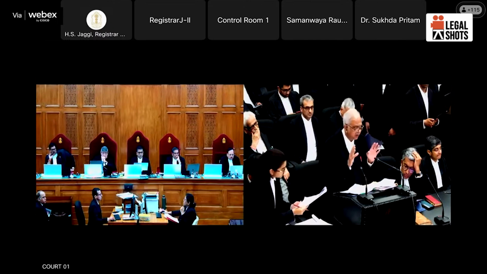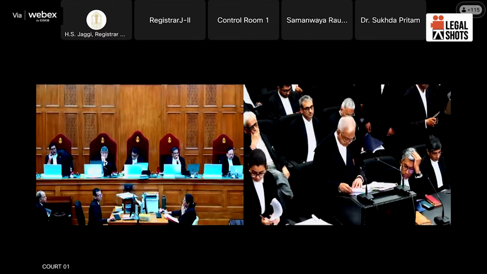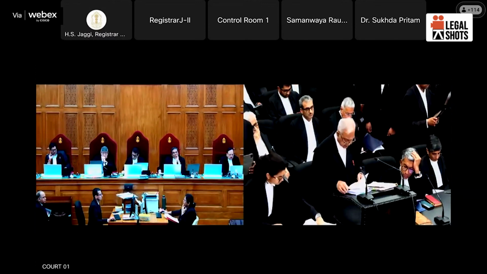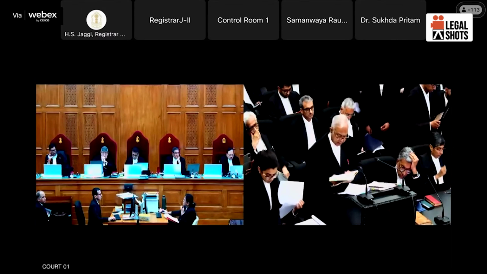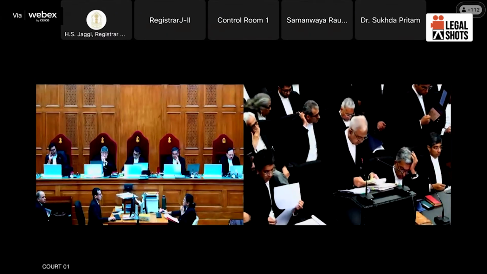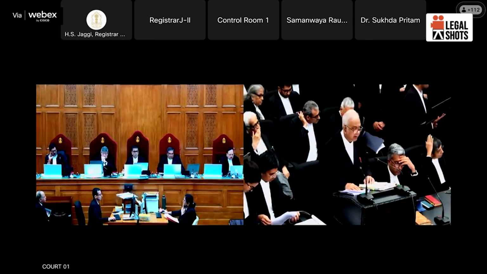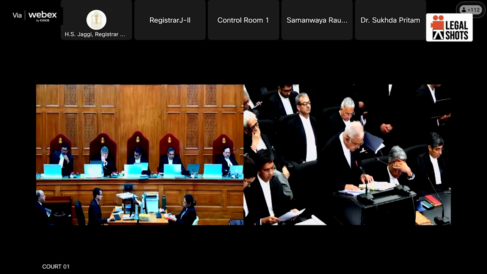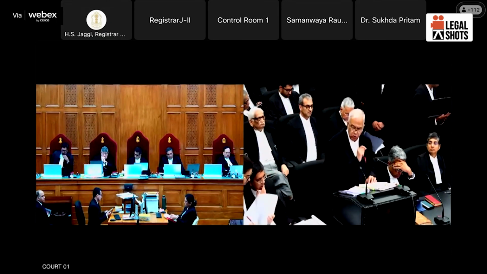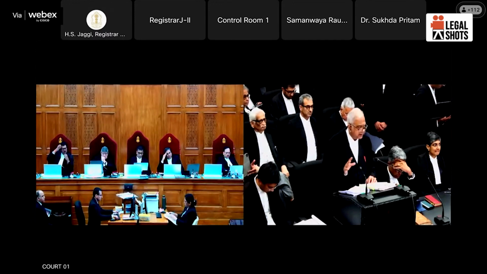Now I come to Article 3 and 4. Now kindly see the marginal heading: formation of new states and alteration of areas, boundaries or names of the existing states. This is a clue. Of course, there is a debate whether marginal headings can be seen or not.